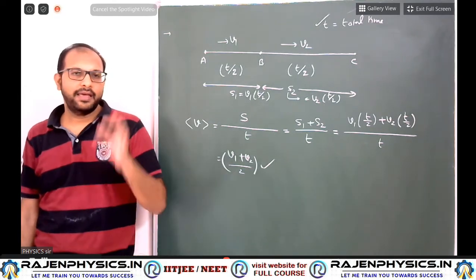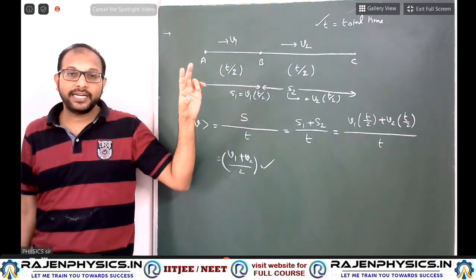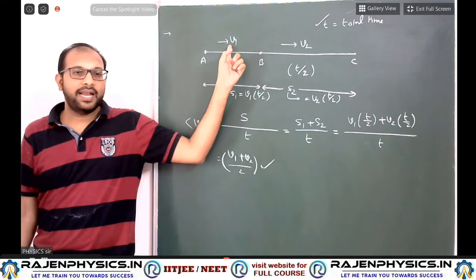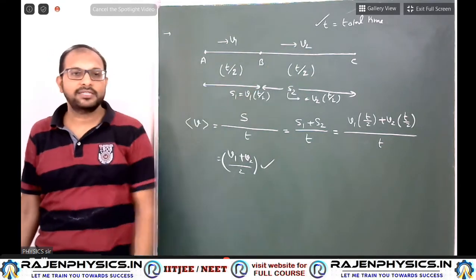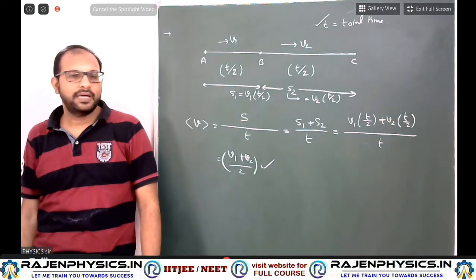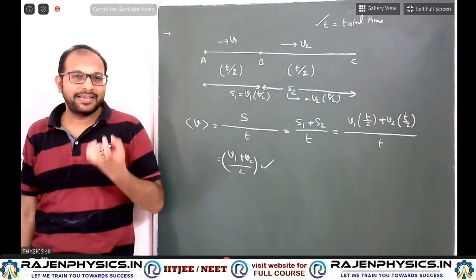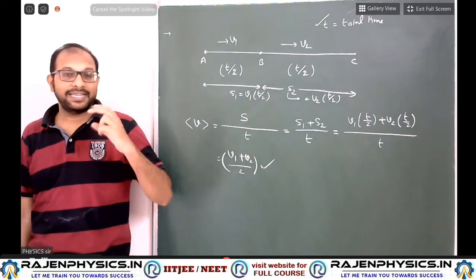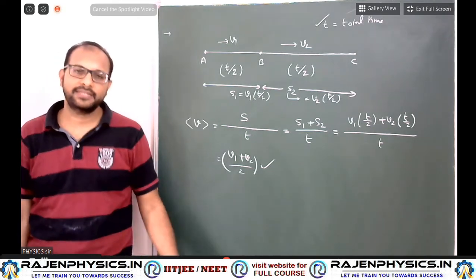In this case, the body travels only half of the total time, not distance, with velocity v1, and the next half of the total time with velocity v2. This is the average velocity. So this is the understanding of average velocity or speed. Here both are the same. Students, now still one more difficult model is there, that also I am going to explain, just carefully watch.